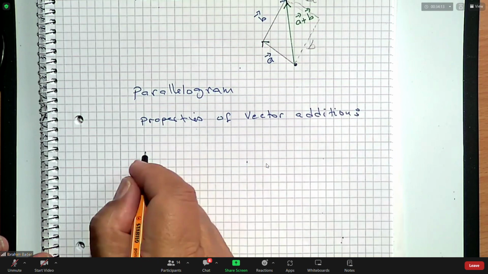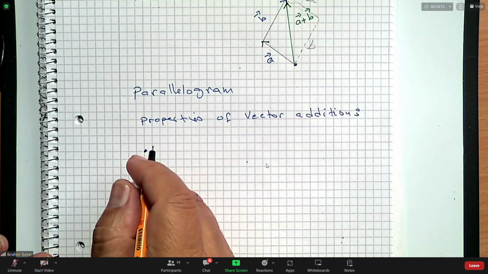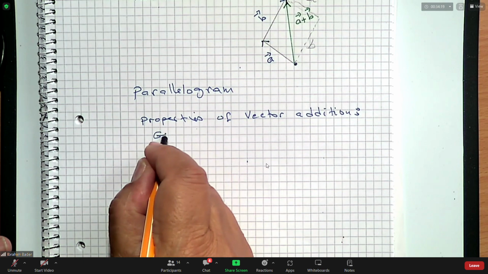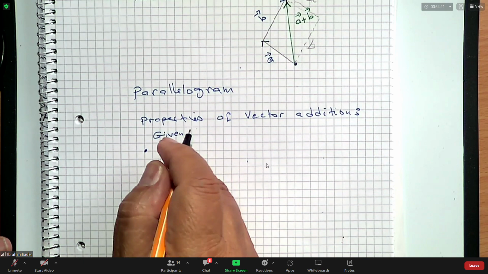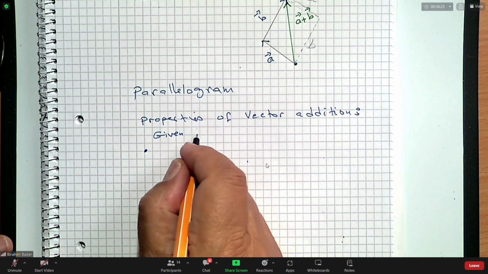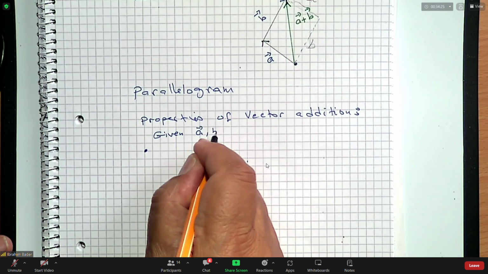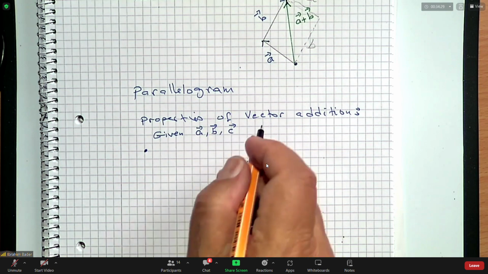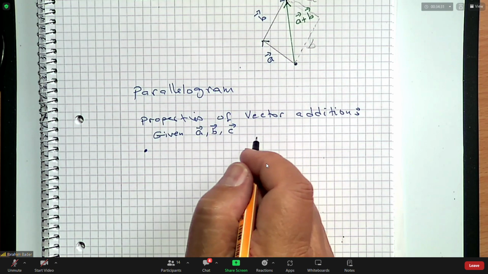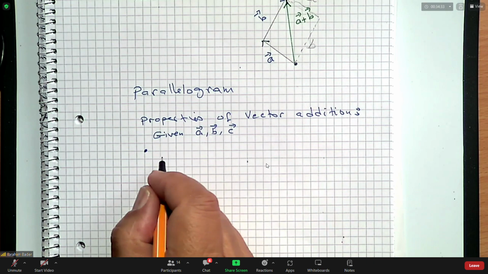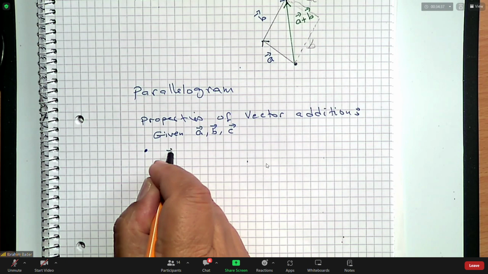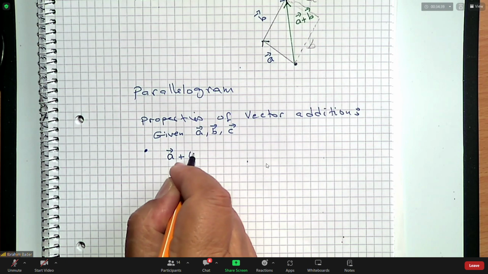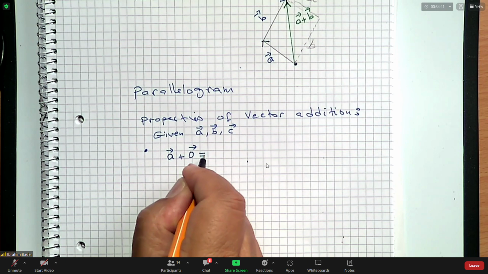So the first property: given vectors A, B, and C from the same vector space, same dimension, there is a vector that if you add it to any vector, you will get the same vector.